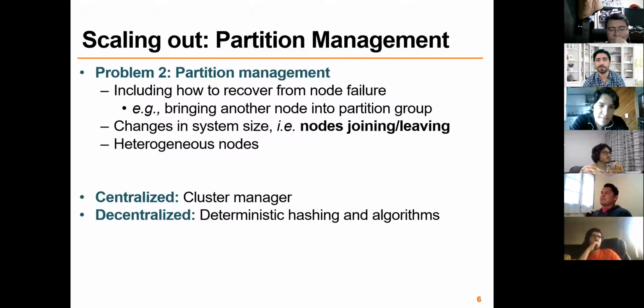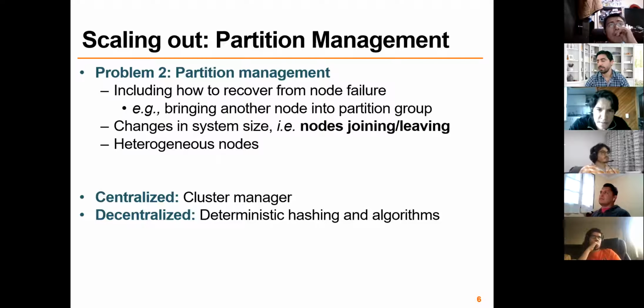The second part of the problem is partition management. That's one of the issues, because you have failure in the network. At some point, the network can be partitioned into two or more different parts. So it's important to deal with network partitioning, and you need to consider how to recover from node failure.